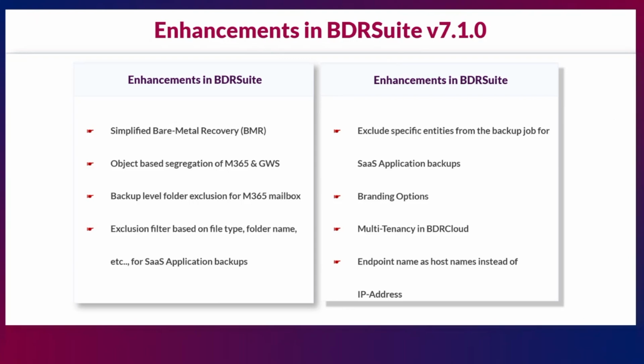That could be your Microsoft 365 or Google Workspace. So you can filter based on your requirement. That is what this holds for you on the enhancement side. On the other hand, we also have some exclusion for specific entries from the backup job in your SaaS application backup, that is your Microsoft 365 and Google Workspace.